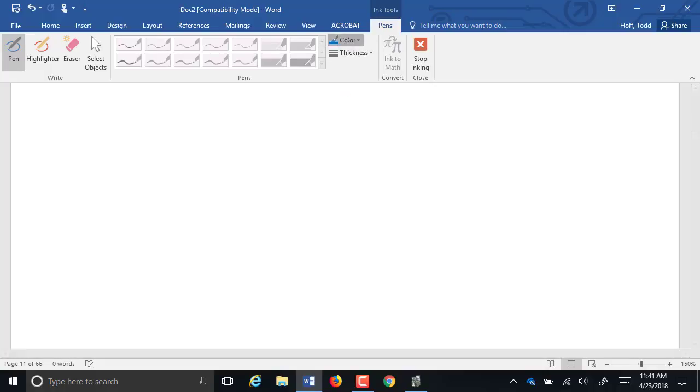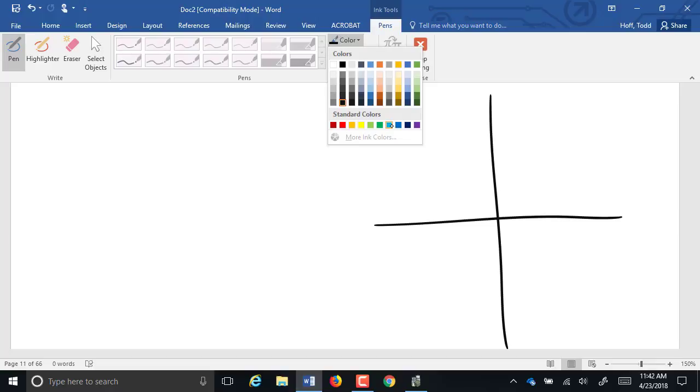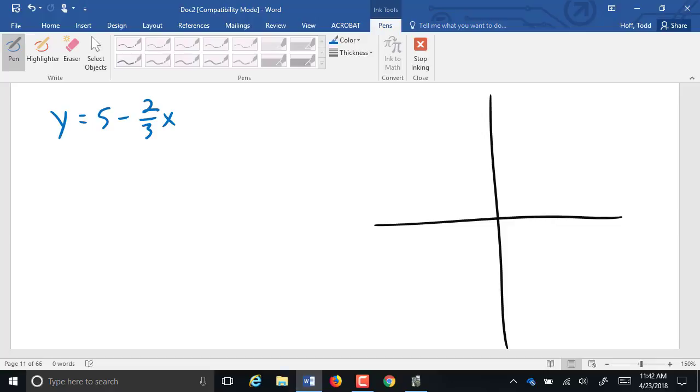We would take an equation, draw a basic graph here, like y equals 5 minus 2/3 x. And our starting point was always the number that was not multiplying the variable. So the 5 here is not multiplying the variable. It is a positive 5, so we start out up 5.